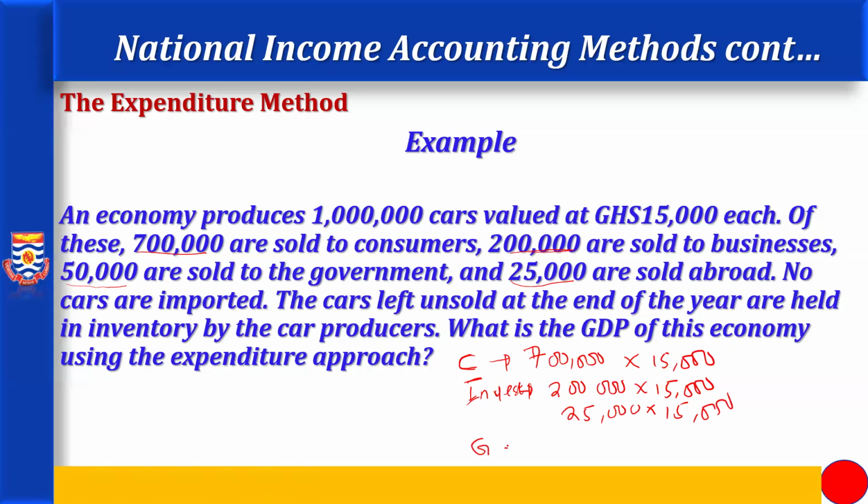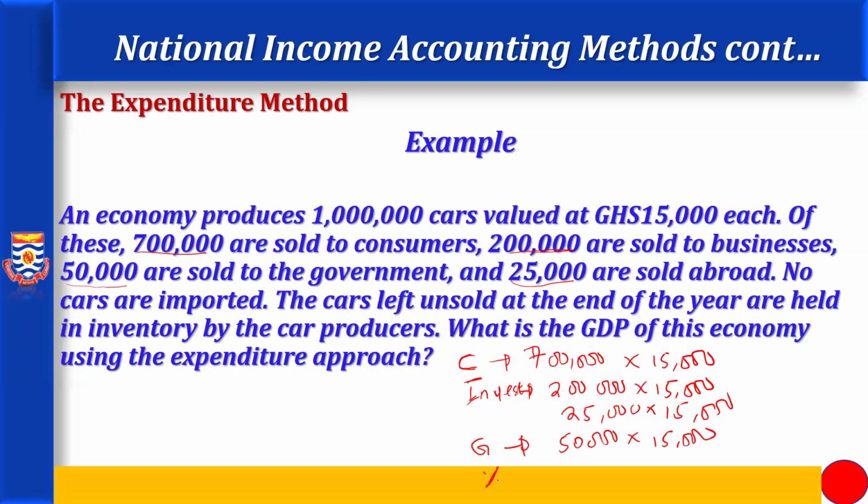Now let's go to government expenditure. The question says that 50,000 cars were sold to government, so 50,000 cars times 15,000 cedis. Then finally, 25,000 cars were sold abroad.